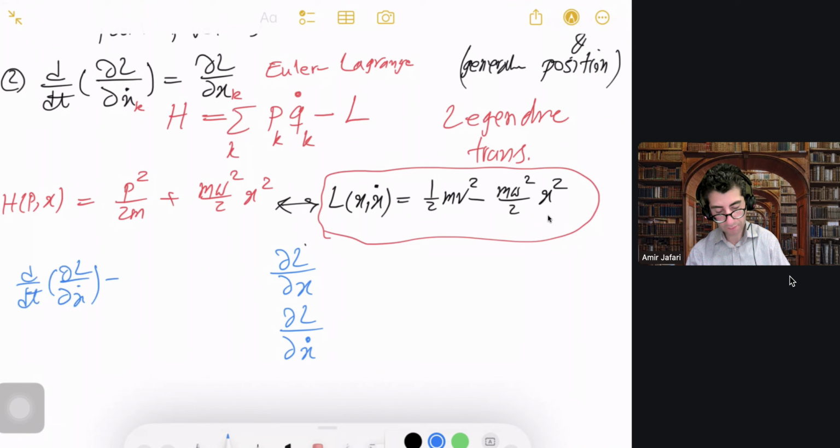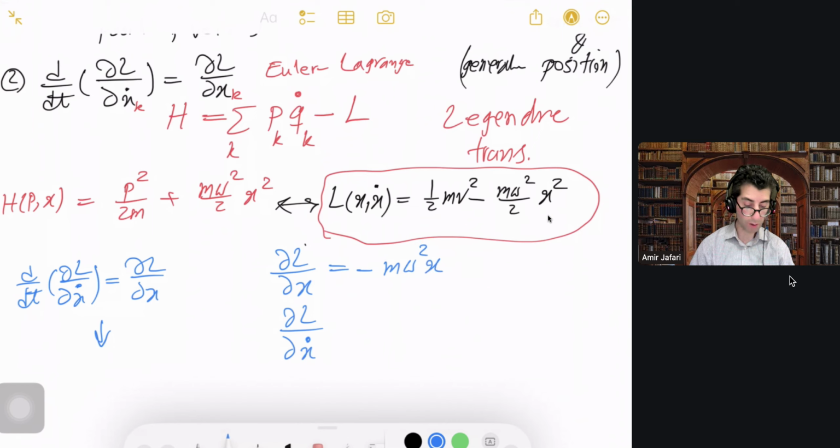So let's get this first, dL over dx, obviously minus m omega squared x, right? And the partial derivative of L with respect to x dot, or v, is going to be m x dot, right?